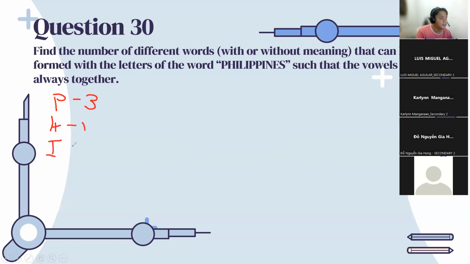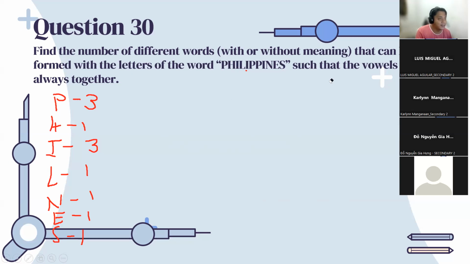I, we have 1, 2, 3. L, 1. N, 1. And E, 1. I think that's it. Oh no, we're still missing something. S, 1. Okay, so we have 11 letters in total.